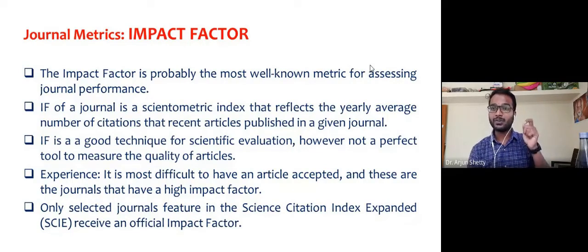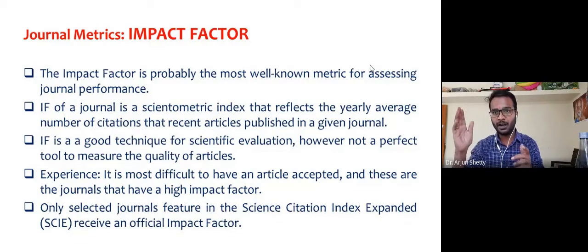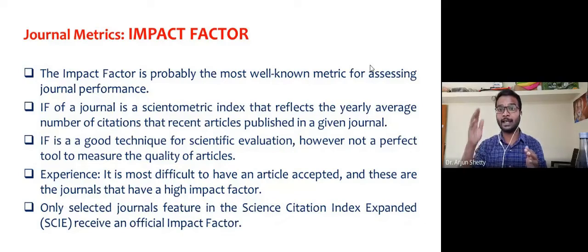How a journal publishes articles, what parameters they follow, whether the published articles have scientific relevance or not, and if so, what the impact of that relevance is on the audience, and how the authors provide evidence for it. That is what the impact factor is. And this impact factor usually varies every year.